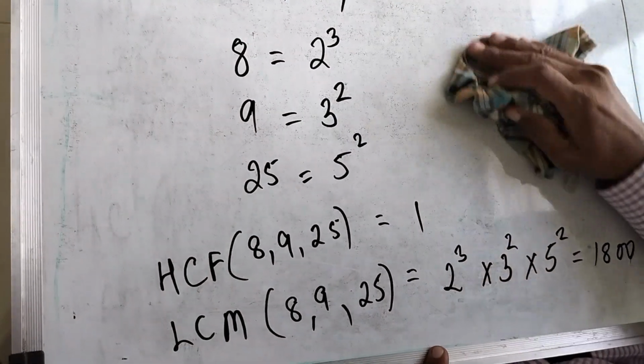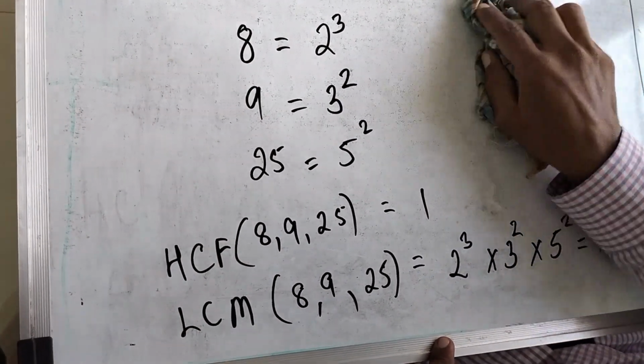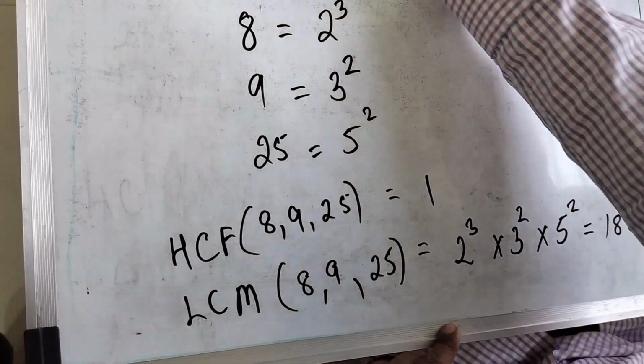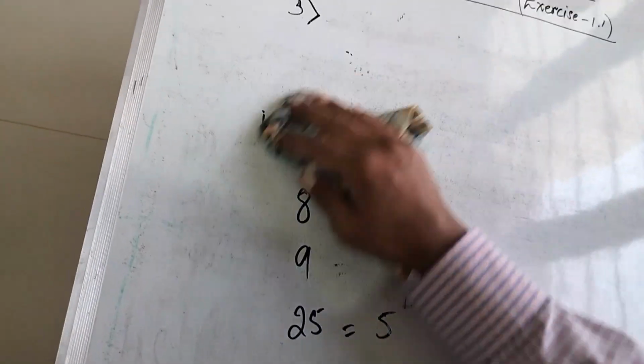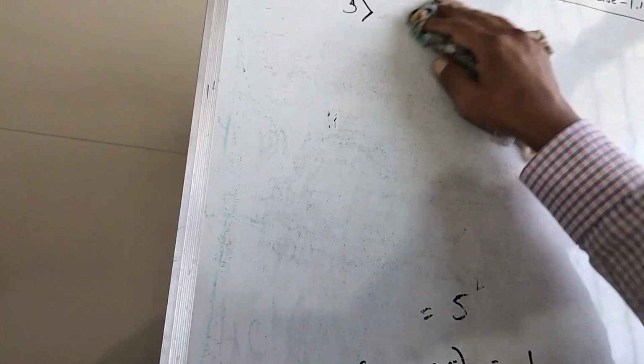The fourth question is very important because such types of questions are asked in the exams, where one of the HCF or LCM will be given and you have to find the other for those two numbers.